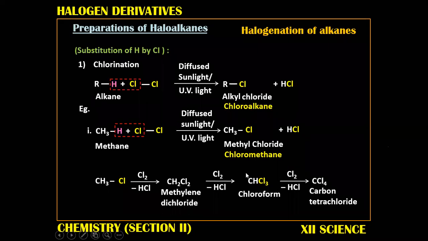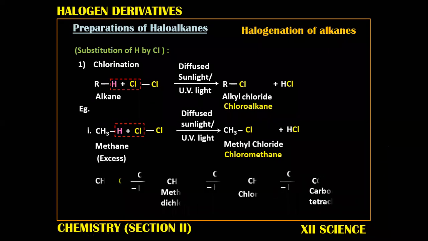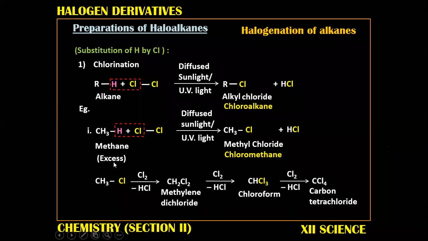Again put a note that if methane is used in excess, methyl chloride is a major product. Only a note you have to write, no reaction. If methane is used in excess, methyl chloride is the major product.